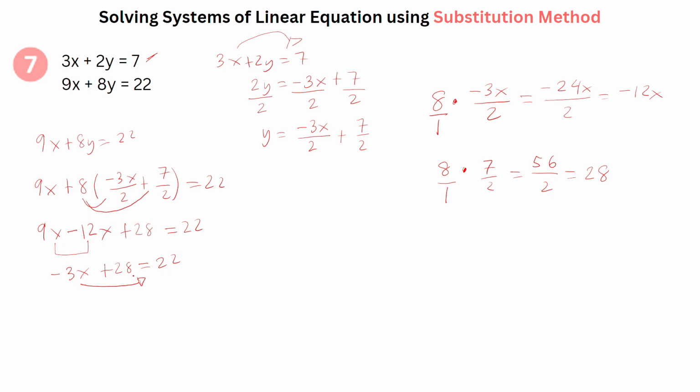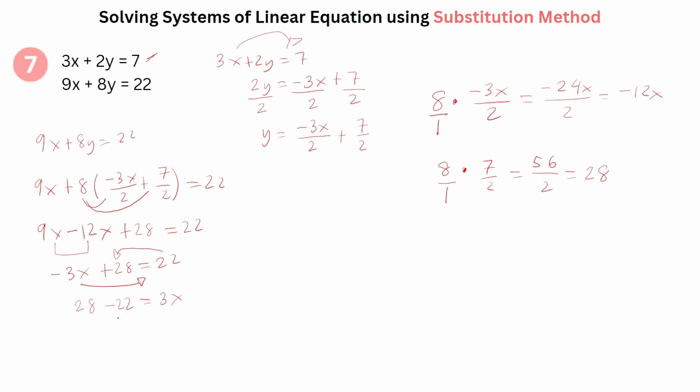So if I'm going to put the negative 3x to the right, what do we do with the 22? I have to put it on the left side. So what will happen now? On the left side, we still have the 28. And then the 22 will become negative 22 is equal to the negative 3x will become positive 3x.